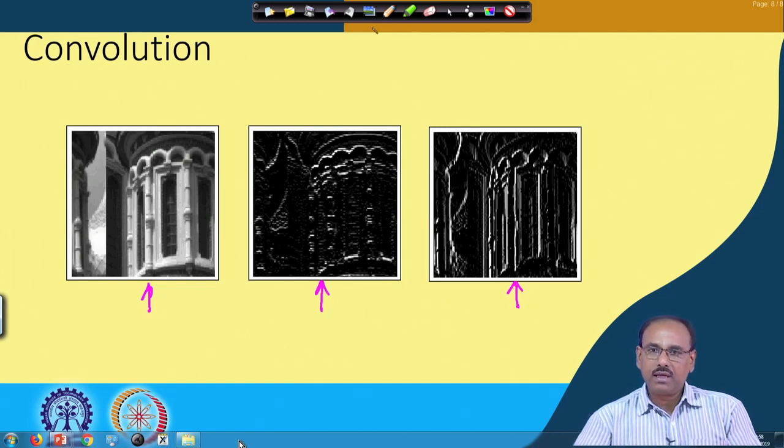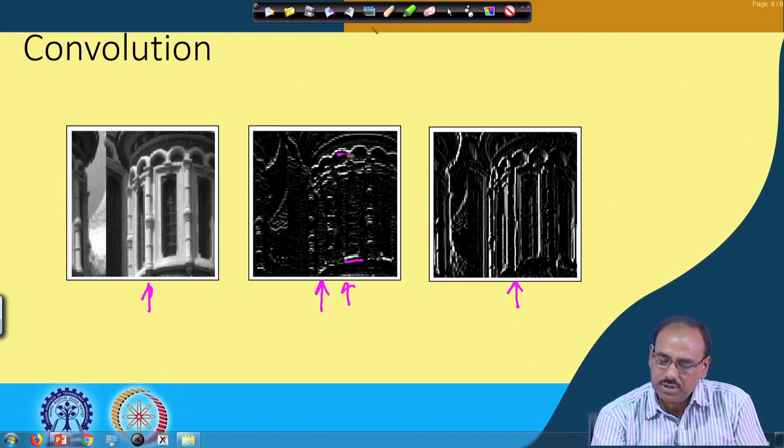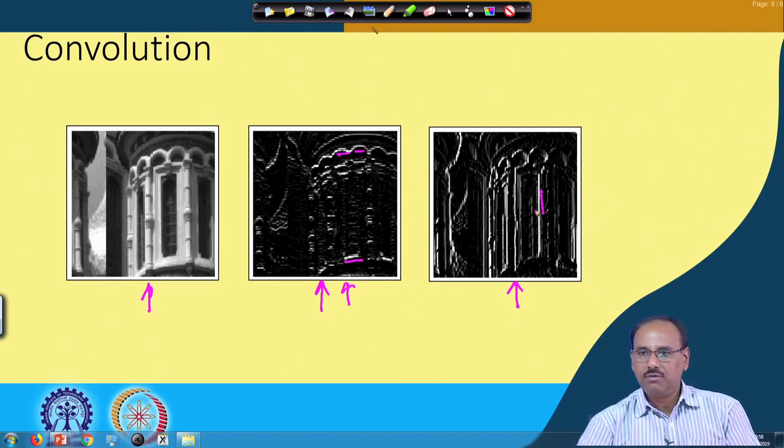Whereas if you take the derivative in the horizontal direction, all the lines which are vertically oriented will be highlighted. That is what you find in this case. Here you are getting all the lines which are mostly horizontal, and here all the lines which are mostly vertical.